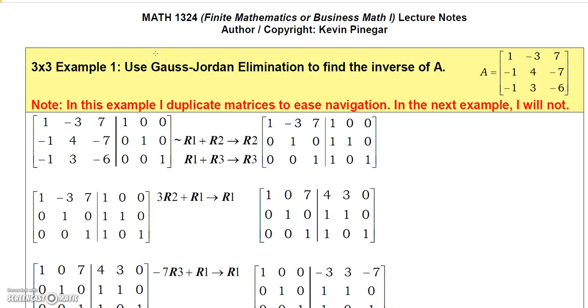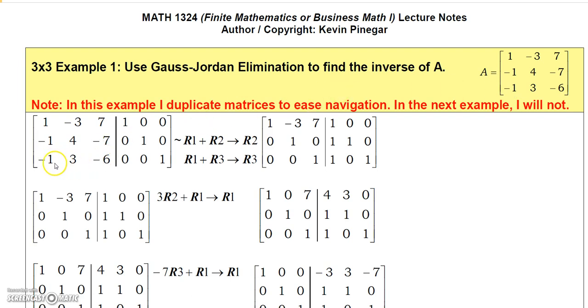Okay, in this video we're going to find the inverse of a 3 by 3 matrix. On this 3 by 3 example, I'm going to take this matrix and augment it with the 3 by 3 identity matrix.